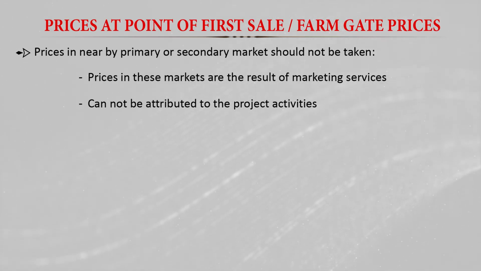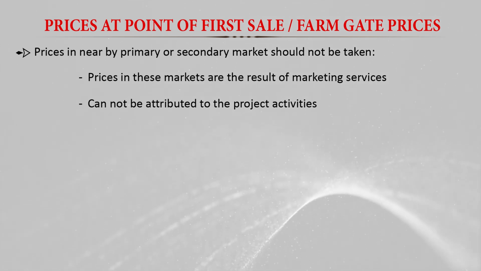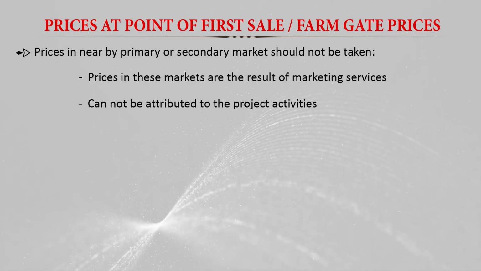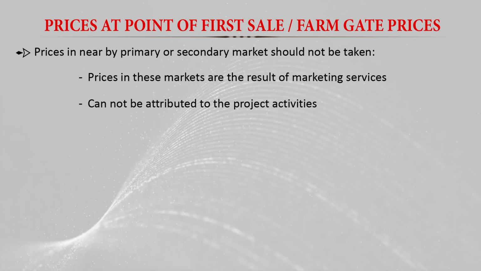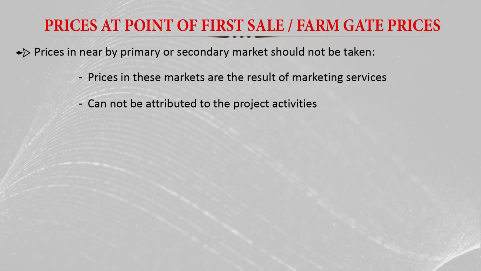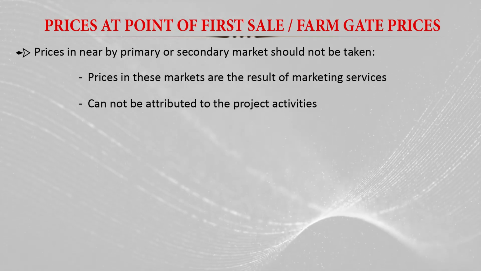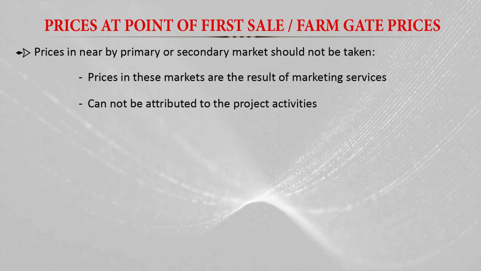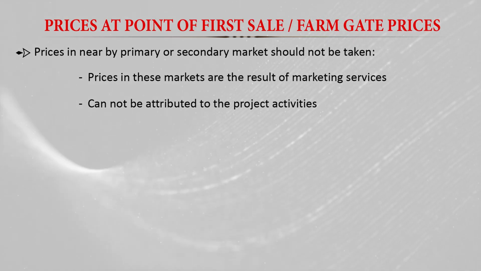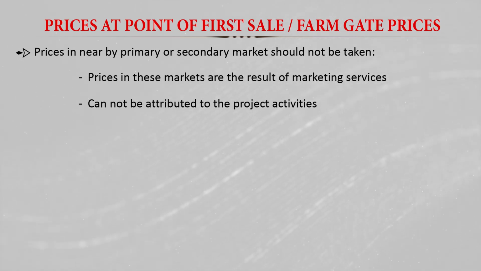For example, if we have introduced a new variety of rice, to get the contribution of the new rice variety we have to consider the prices at the farm level only. If you take the prices at the primary or secondary market, there will be the influence of the market in the prices.